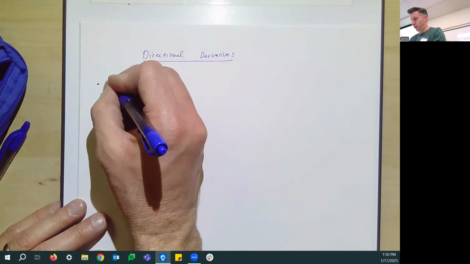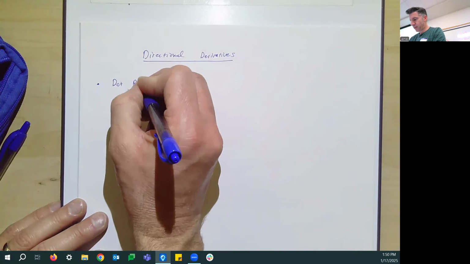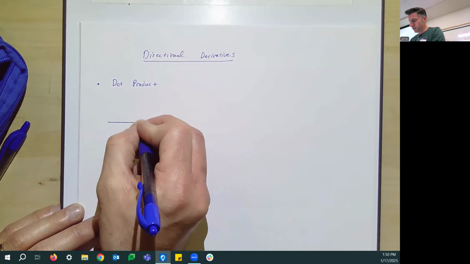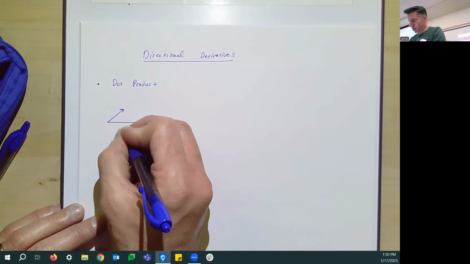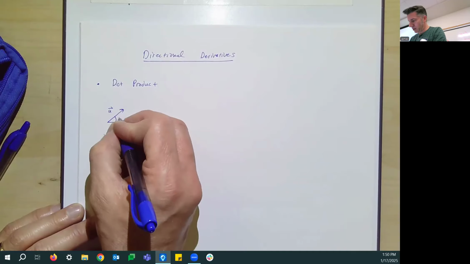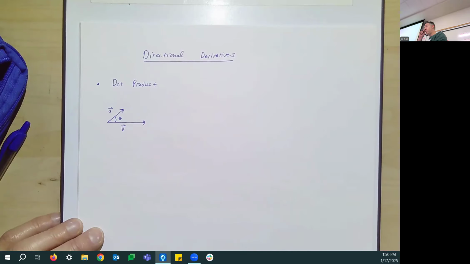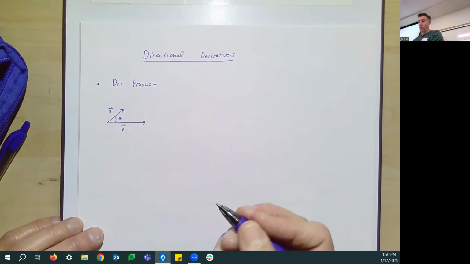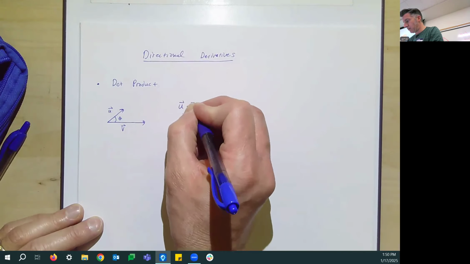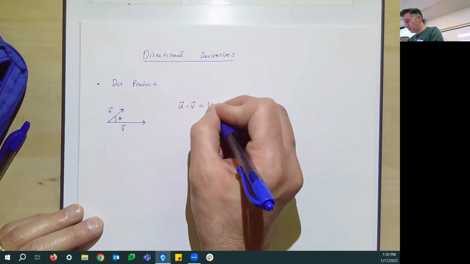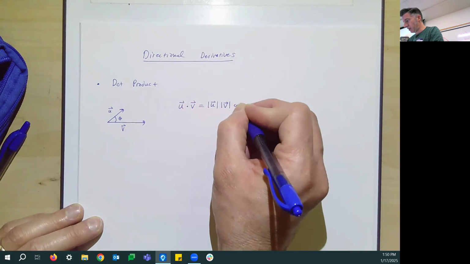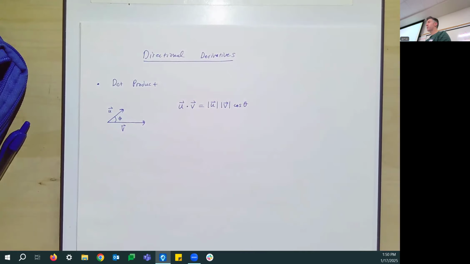Thing one, the dot product. So if we have two vectors, u and v, and the angle between them is theta, then there's two ways of finding the dot product. One way is that u dotted with v is equal to the length of u times the length of v times cosine of the angle between them.